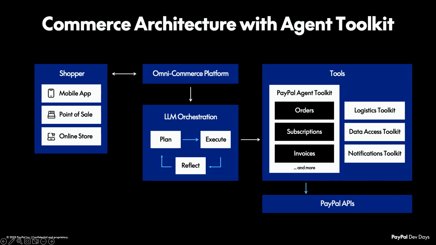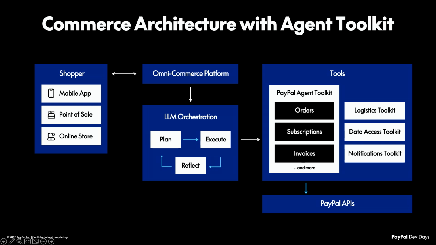The agent, which is what that LLM orchestration is going to look at, considers all of the tools that are available for it. It's going to plan how it wants to execute its intent from the buyer. It does the execution of that, gets the response, and then reflects upon that. And it can do that multiple times based upon the feedback that does come back.